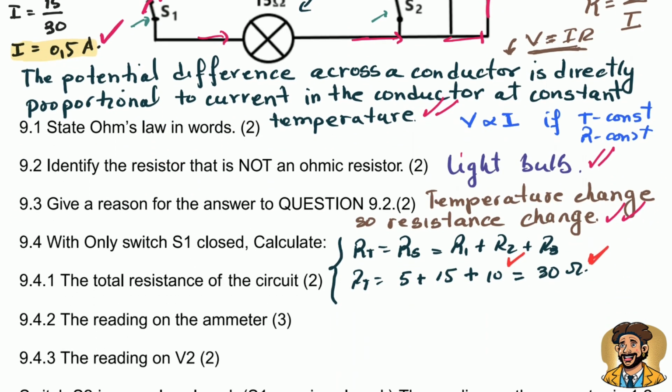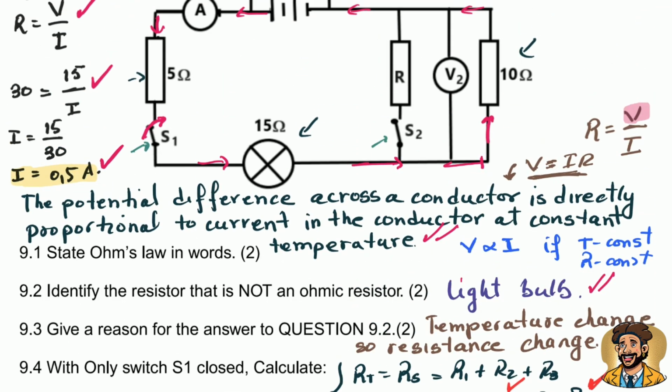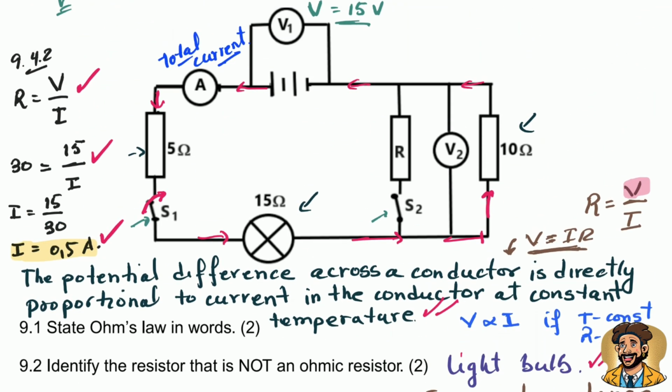If we move on, they say the reading of V2. Now, V2 is reading the potential difference of the 10 ohm resistor. Maybe the way in which that voltmeter is connected will confuse you, but it's quite simple. That voltmeter is reading the potential difference for the 10 ohm resistor only. So that is what the question is here.